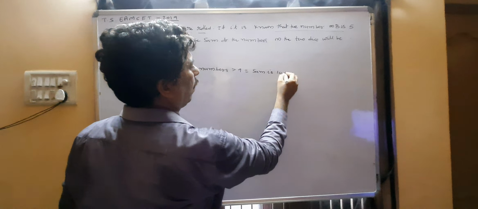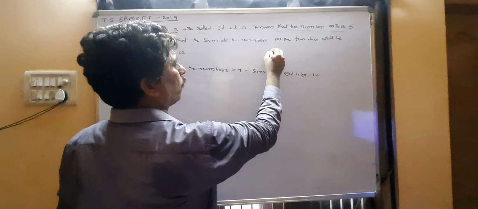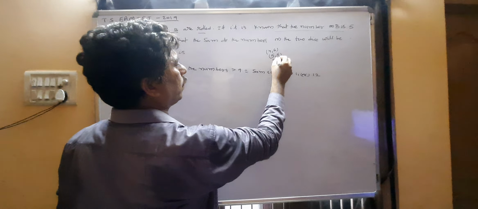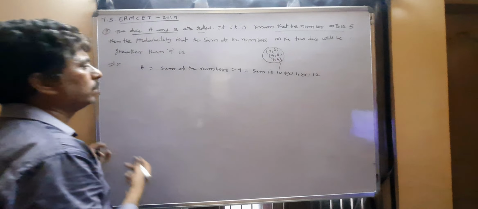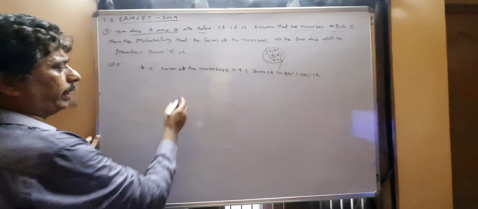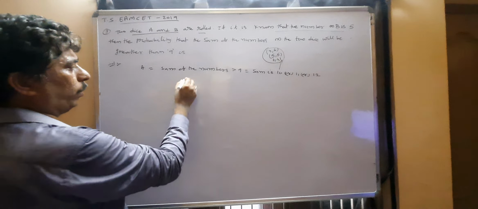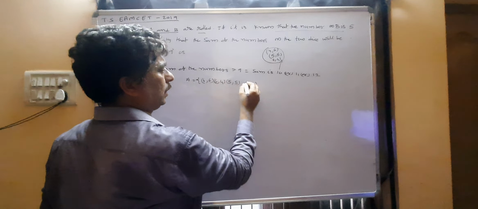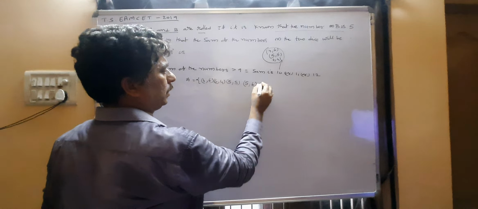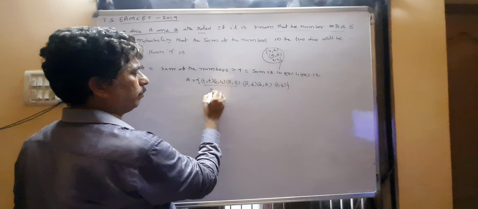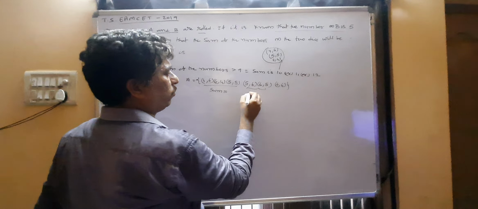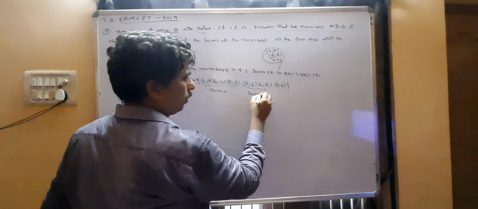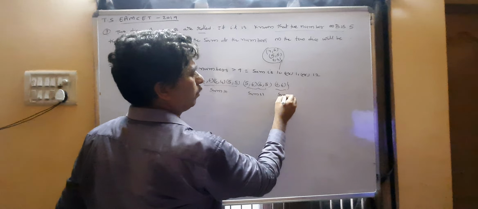Sum 10 means either 5 5, or 4 6, 6 4. You have 3 chances. Sum 11 means 5 6, 6 5. Sum 12 means 6 6. So these 3 are for sum 10, these 2 for sum 11, and this one for sum 12.